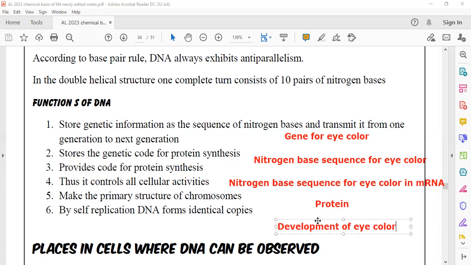If the protein is not made, will the eye color develop? No. If the mRNA doesn't have the nitrogen base sequence, will protein develop? If DNA is absent for the mRNA making, will the mRNA develop?